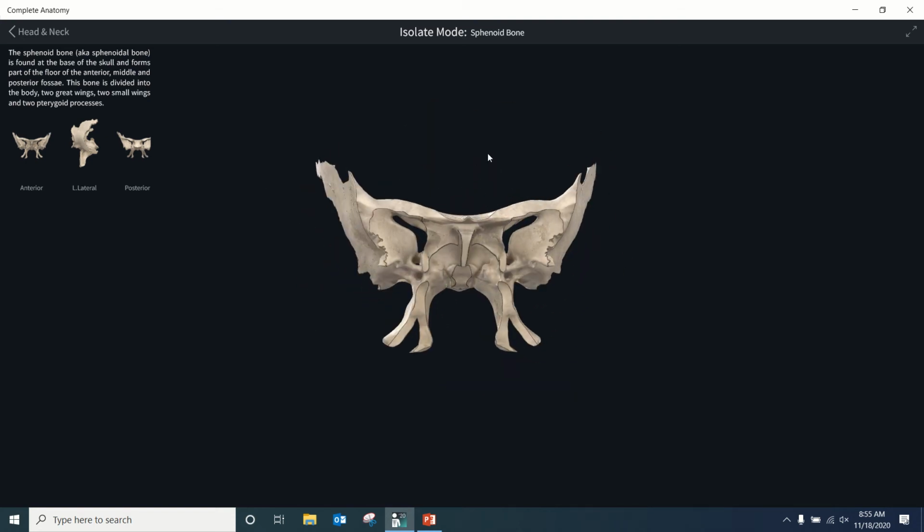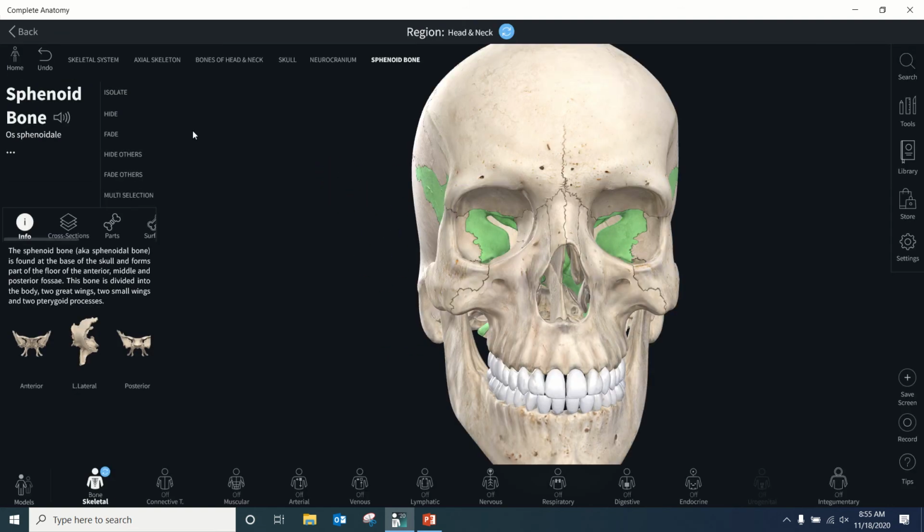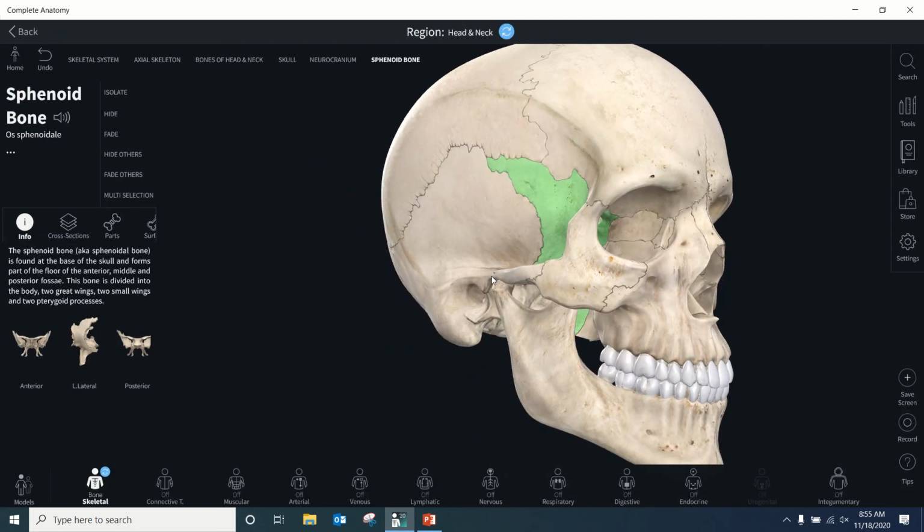One of the things about the sphenoid bone is that it's often called the keystone bone of the cranium. Not of your face, but of the cranium, which is the part of the skull that your brain sits in. The reason it's called the keystone bone of the cranium is because it articulates with all of the other cranial bones. If we go back and put all the other bones on there, you can see it's going to articulate with the frontal bone, the parietal bone, the temporal bone, and the occipital bone.